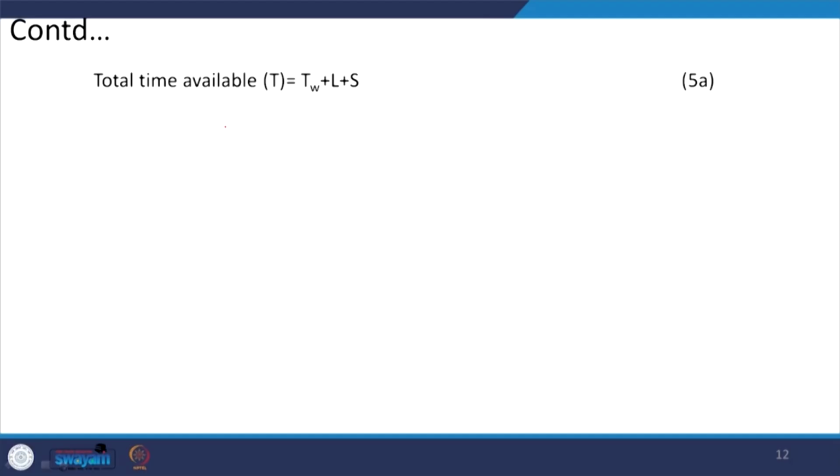Then, after this budget constraint, we need to talk about the time availability, how the person is allocating his time.